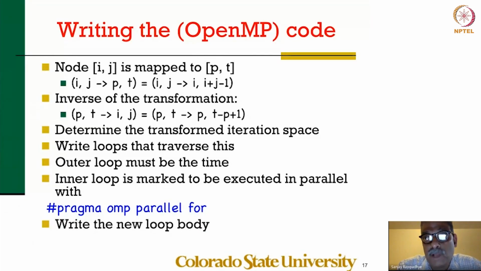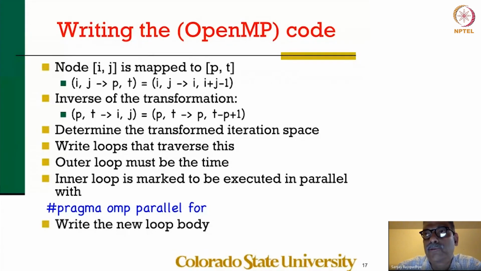Then we have to solve another problem, and that is, given an iteration space in the form of linear inequalities or vertices, whatever, you have a polyhedron, you want to write a set of loops that visit all of these points in the polyhedron and nothing else other than the points in the polyhedron. This is called the scanning of a polyhedron, the scanning problem.